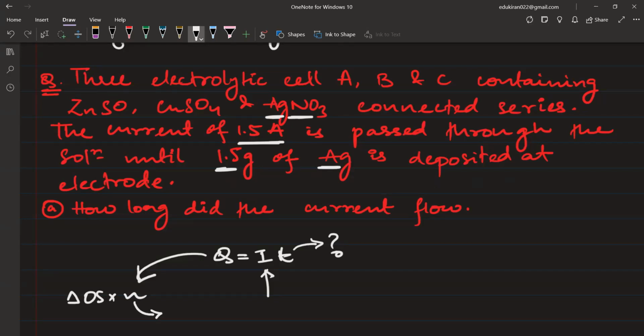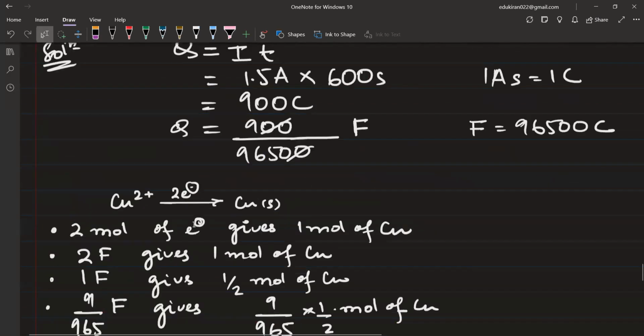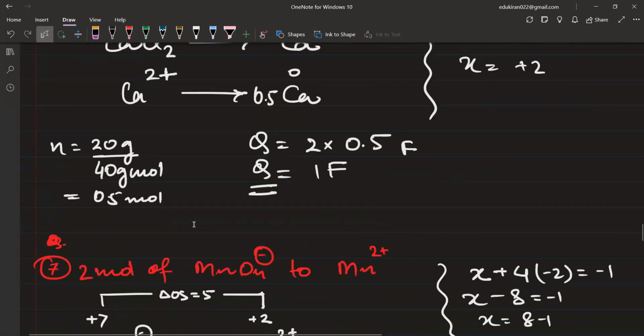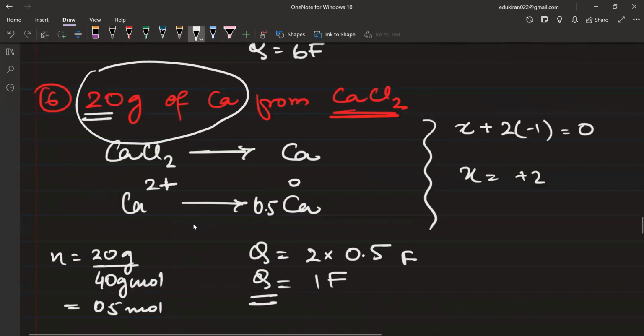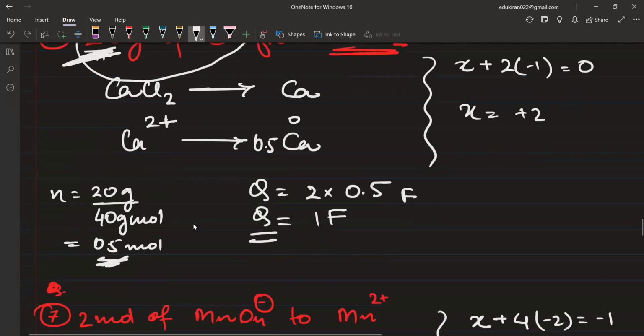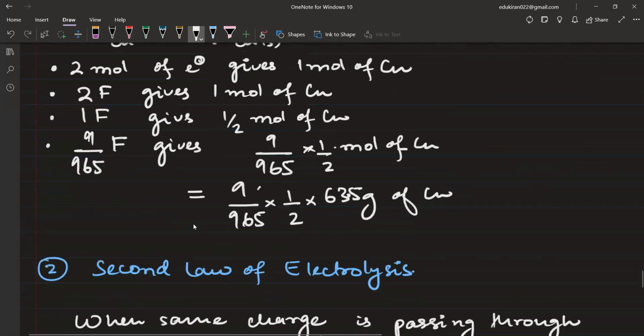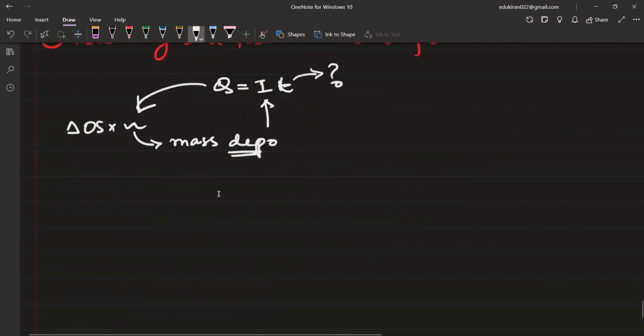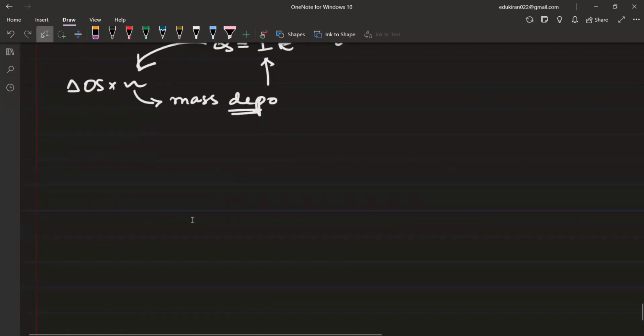And this number of moles can be calculated from the mass deposited. For example, in the previous question we saw that 20 gram of calcium was related to 0.5 moles, right? So right now also you have this mass, you need to get how many moles are being deposited.